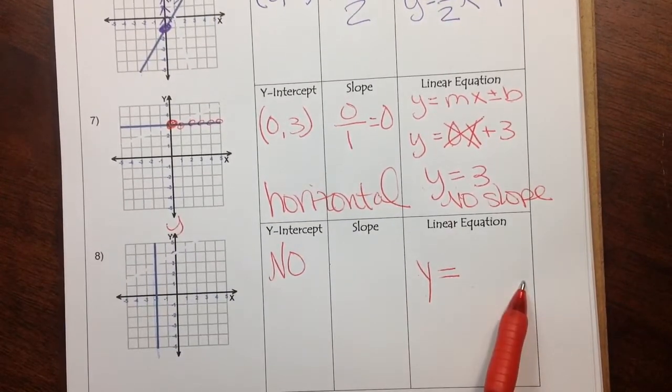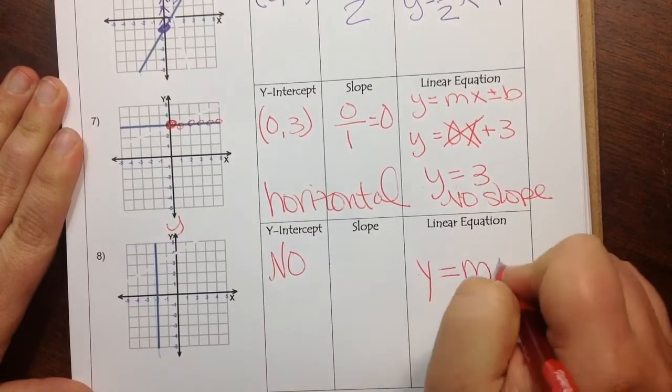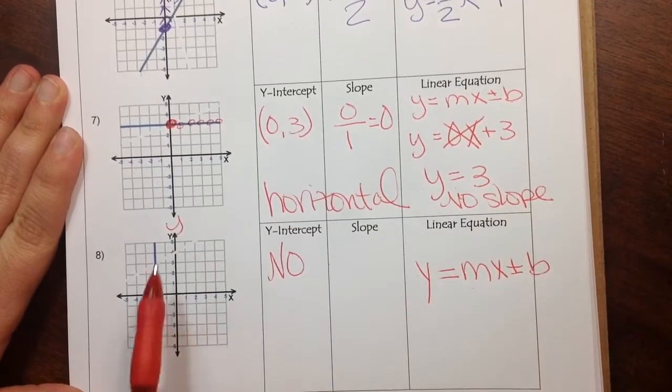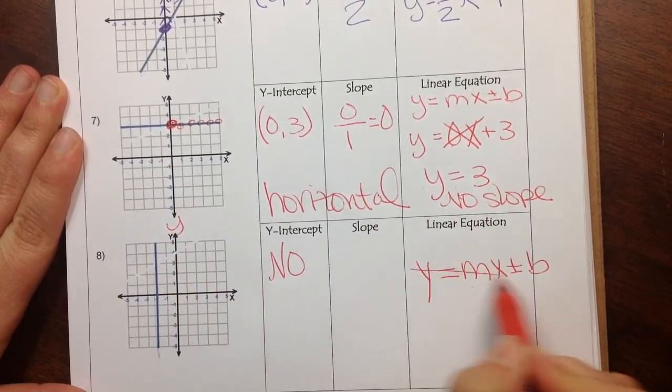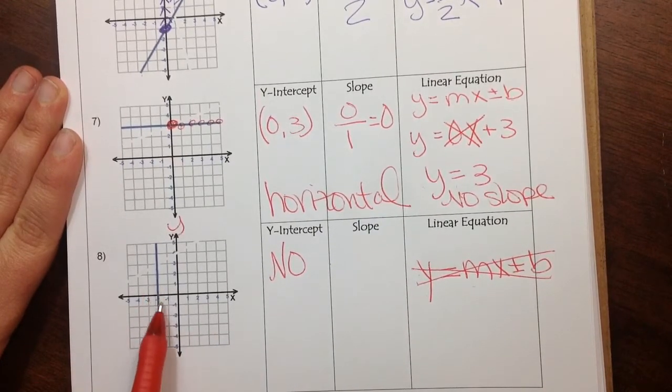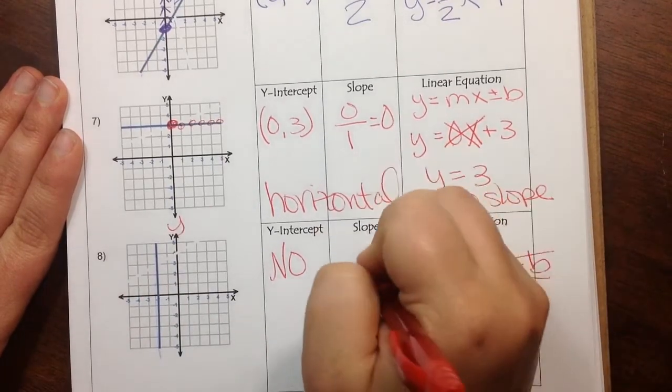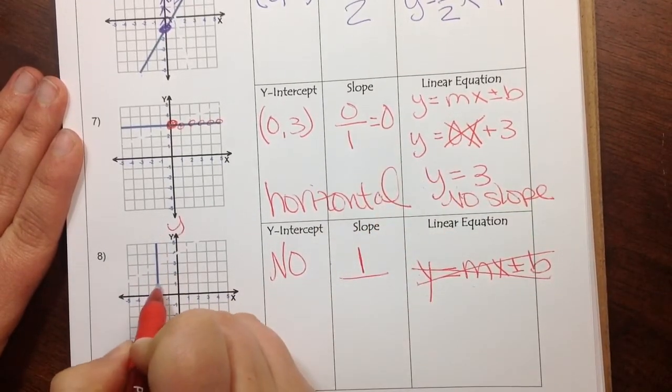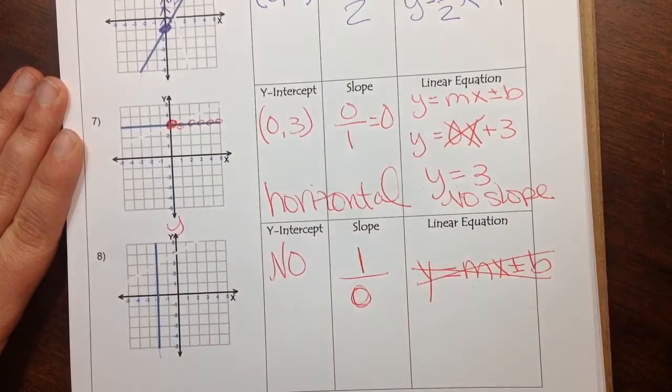So because we can't have a b, there cannot be a y. Y does not equal anything. So in this case, y cannot enter anything. But x, however, can. The slope obviously is going up. So our slope would go up 1, but it's not going over.